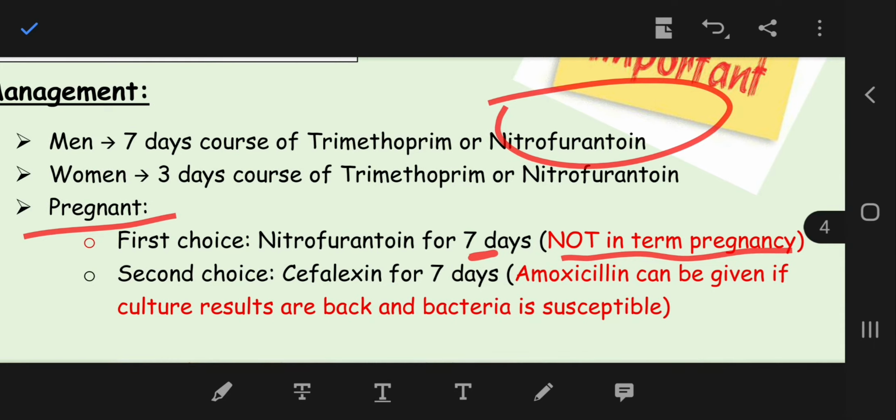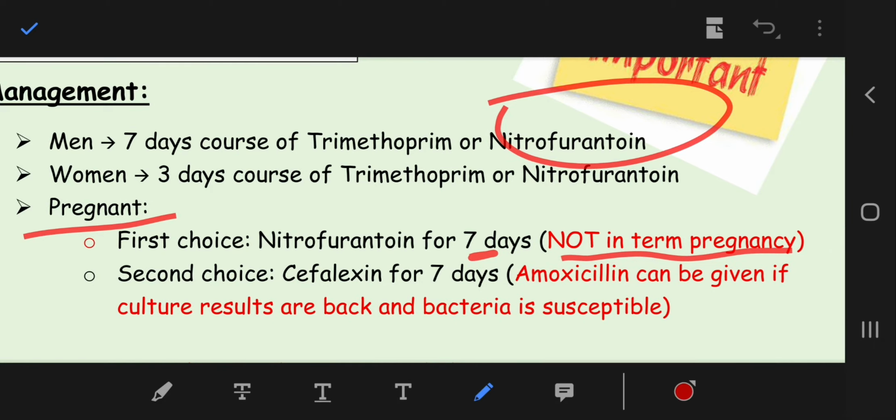Always cefalexin, second choice. Now, in the exam, don't choose amoxicillin. Choose cefalexin, not amoxicillin. Amoxicillin is known to be resistant, meaning the bacteria are known to be resistant to amoxicillin. They are not sensitive to amoxicillin. That's why we don't give amoxicillin as second choice. But when can you give it?